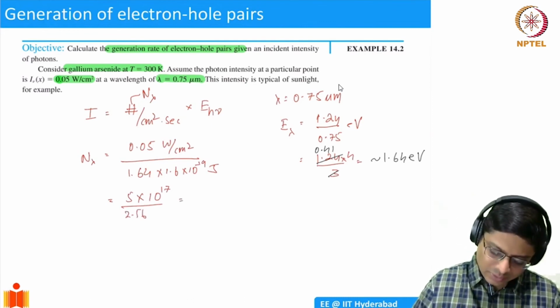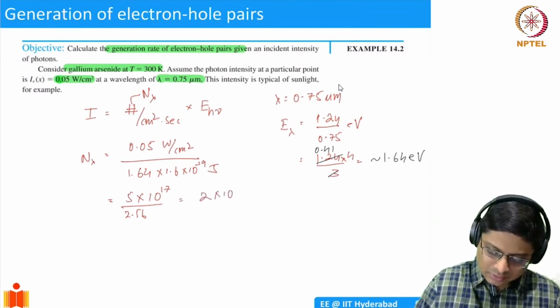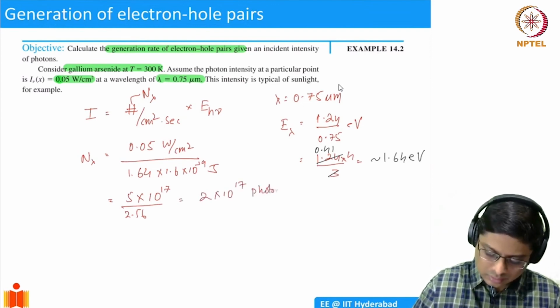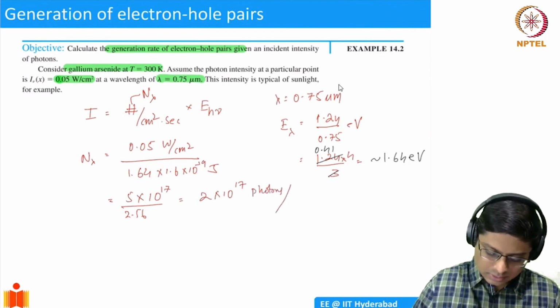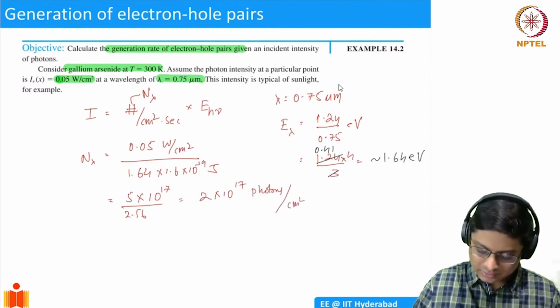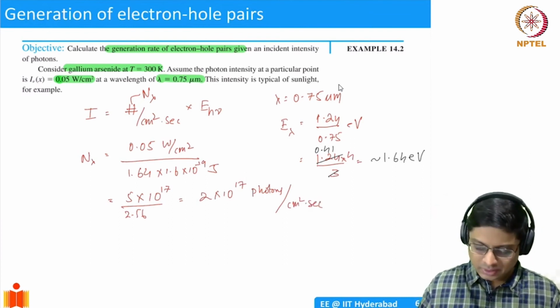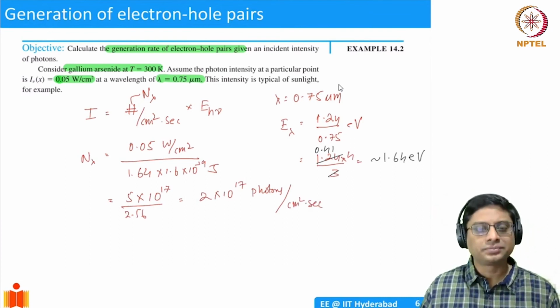That's roughly going to be 2 into 10 power 17 photons per centimeter square per second. This is the rate at which the photons are incident.